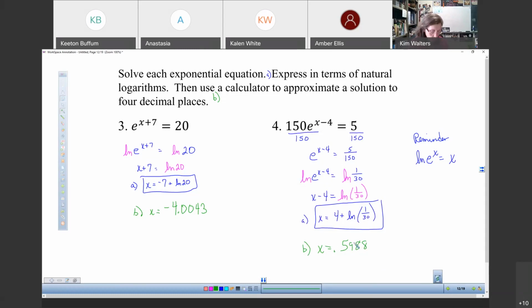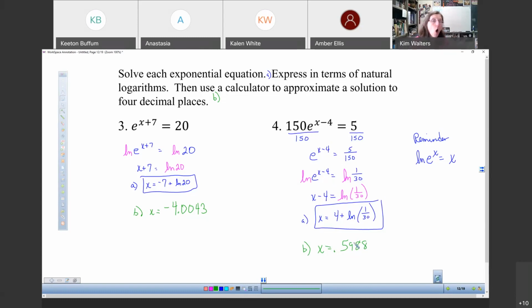This natural log concept with exponentials will solve, like I said, all of your exponential equations. The method we talked about yesterday in section 5.1 only solves a small group of them, the ones that you can write with the same base, okay? The natural logarithm method for solving exponential equations is kind of like the quadratic formula for solving quadratic equations.